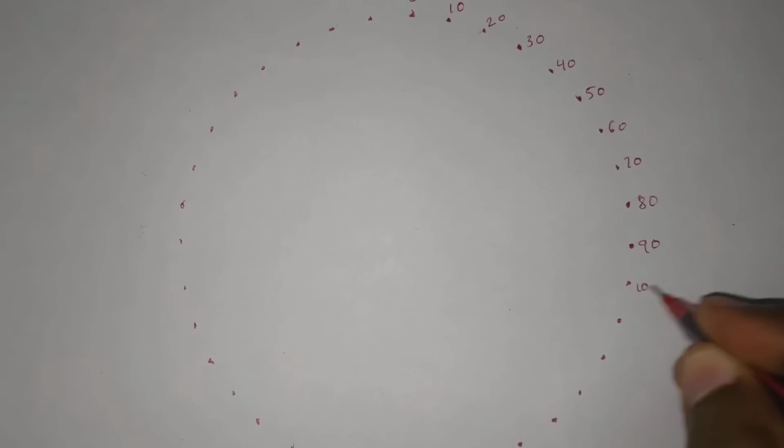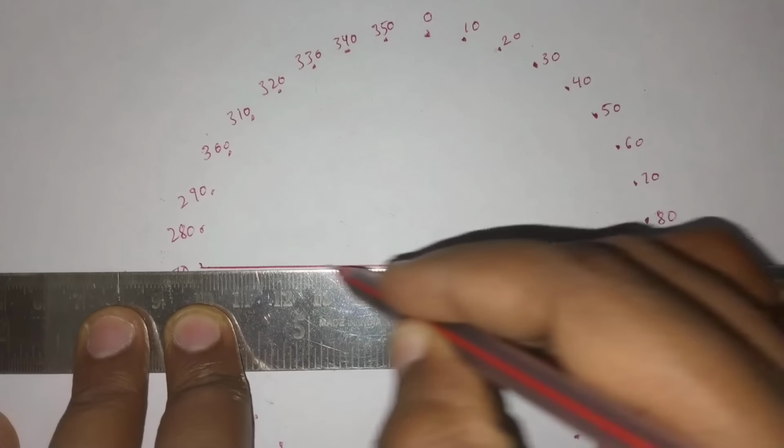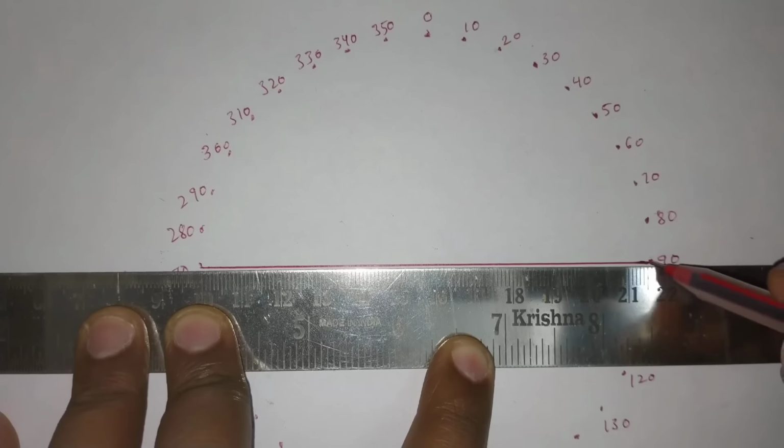So I am naming the numbers. I am giving the numbers from 0 to 360 degrees. And I am bisecting the circle to the middle of the circle.